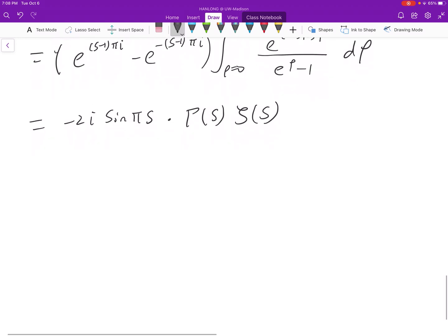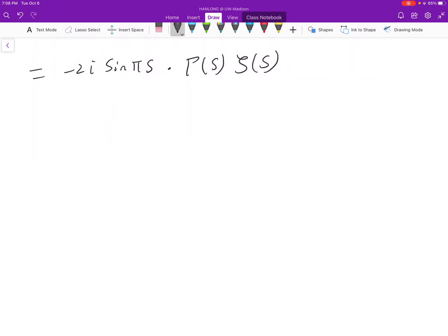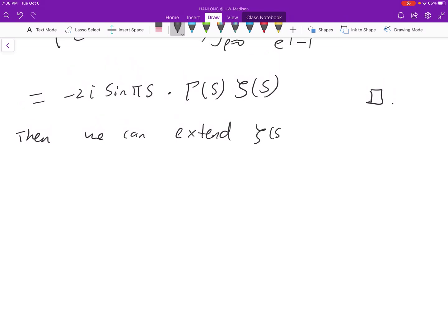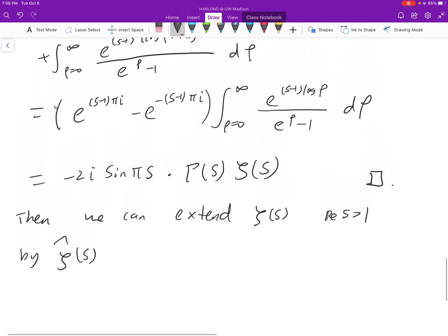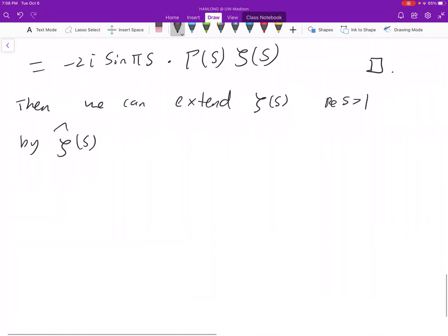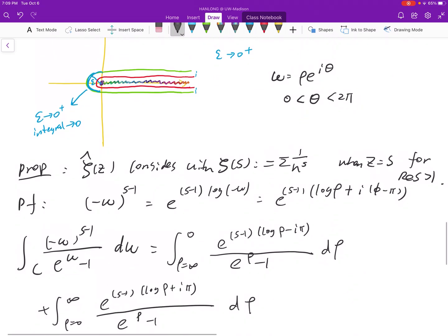Okay, next, we can extend the zeta function zeta s for real part s greater than 1 by zeta hat z, where zeta hat z is defined by this formula.